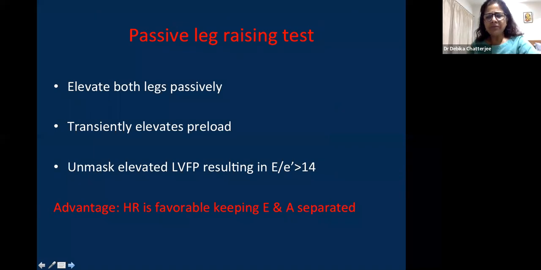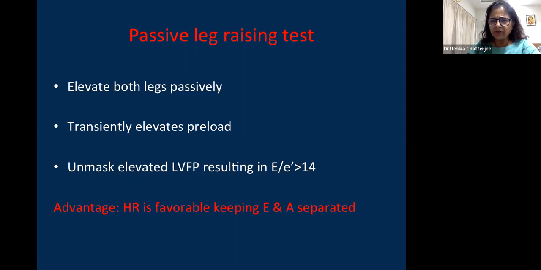Another method by which we can reveal the LV filling pressure is the passive leg raising test. We do the diastolic function assessment at rest, with the patient lying on the bed. Now we elevate both the legs passively.